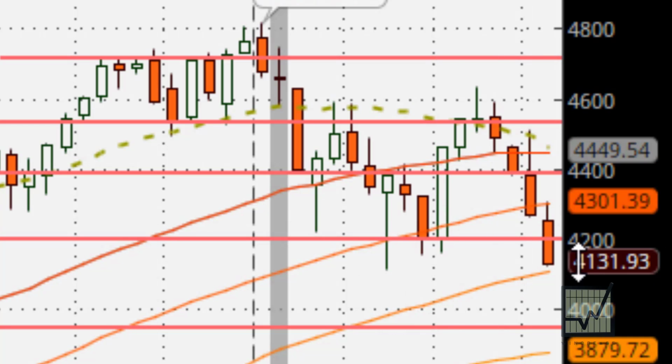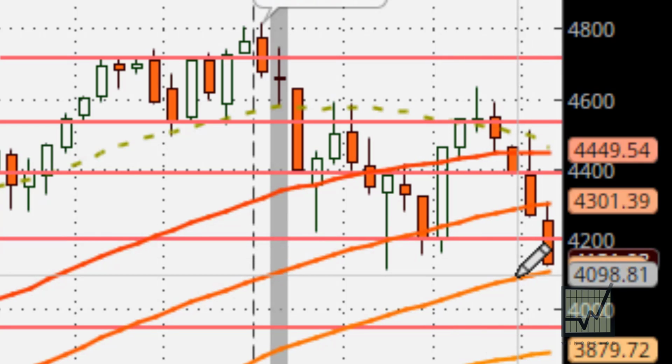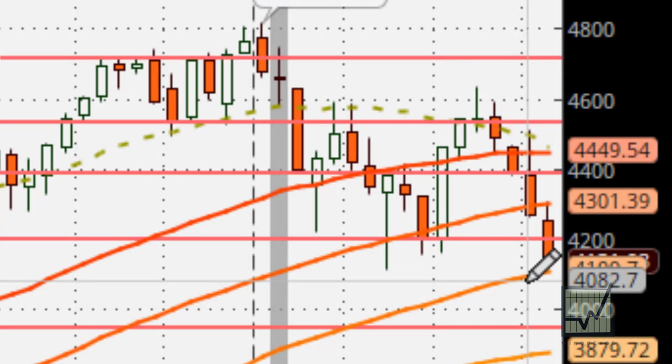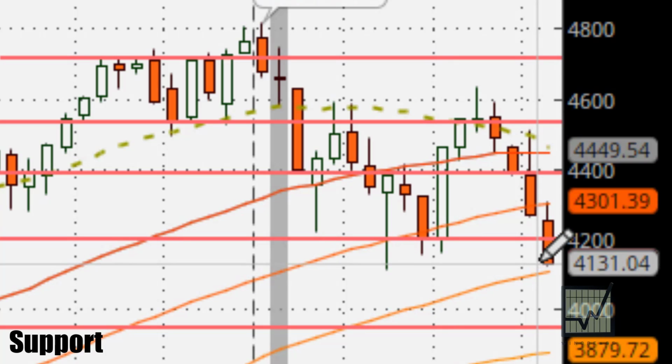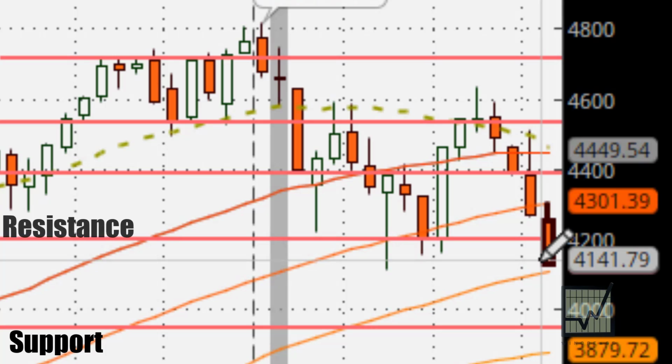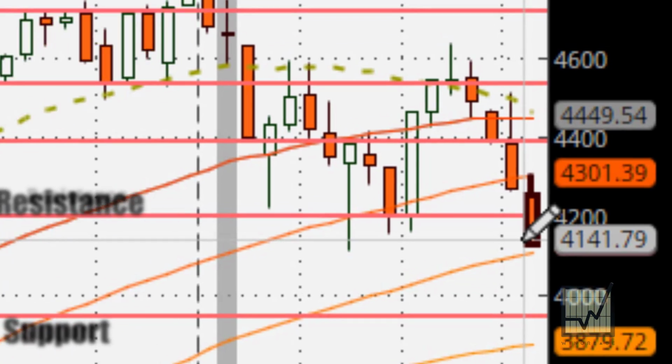In this case, we closed near those lows. So, as you know, when we close near the lows, chances of continuation are high. Anytime you close near the highs or lows, the chances of continuation are with where it closed.